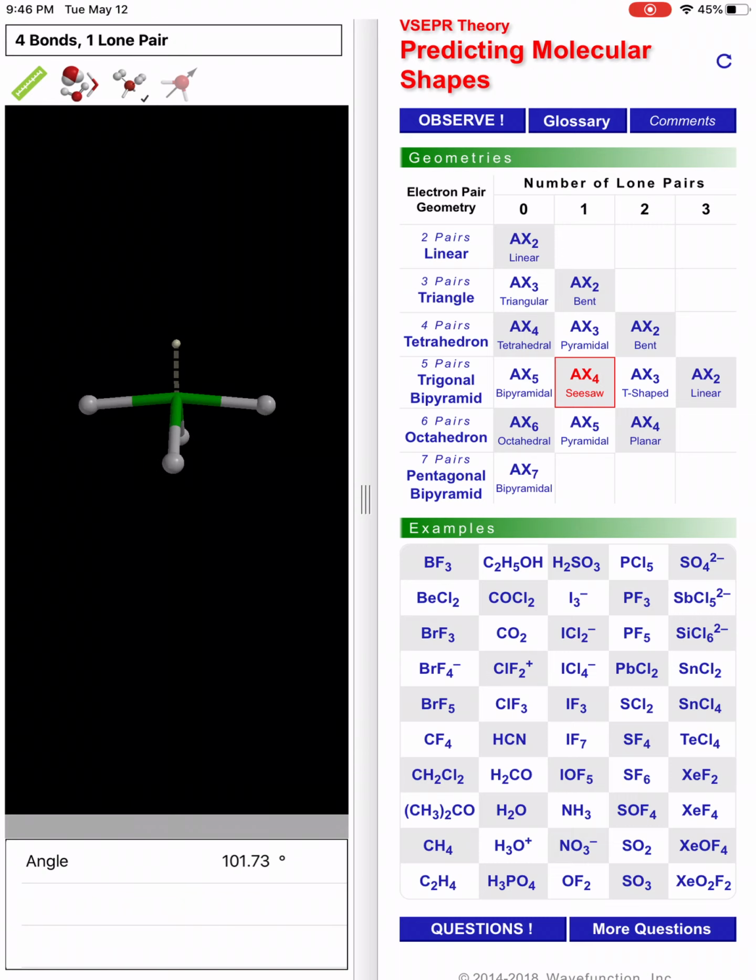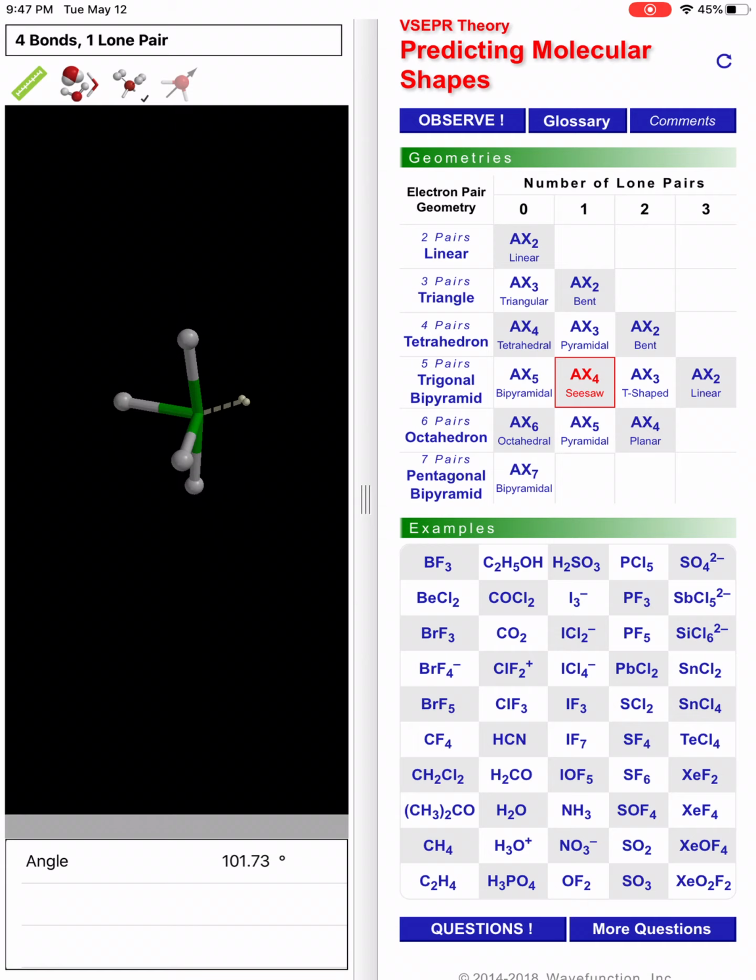There it looks like a seesaw. So there are 4 atoms, 1 lone pair. This thing is not symmetrical because one side of the molecule looks different. One side's got a lone pair, the other side does not.